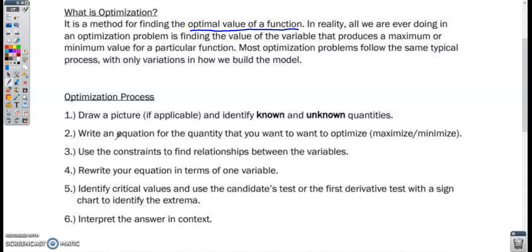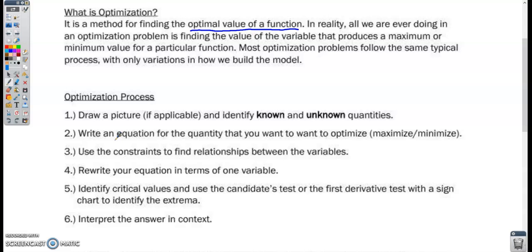So we're going to combine the equation from step 2 with the relationships from step 3 and write it all in terms of one variable. Then we're going to take the derivative and identify the critical values. And then we'll use either the candidates test or the first derivative test with a sign chart to help us identify the extrema. And then lastly, we will interpret the answer in context.